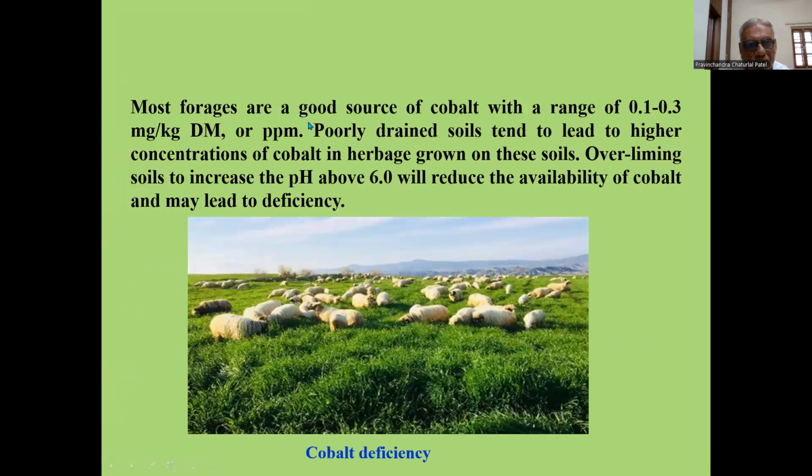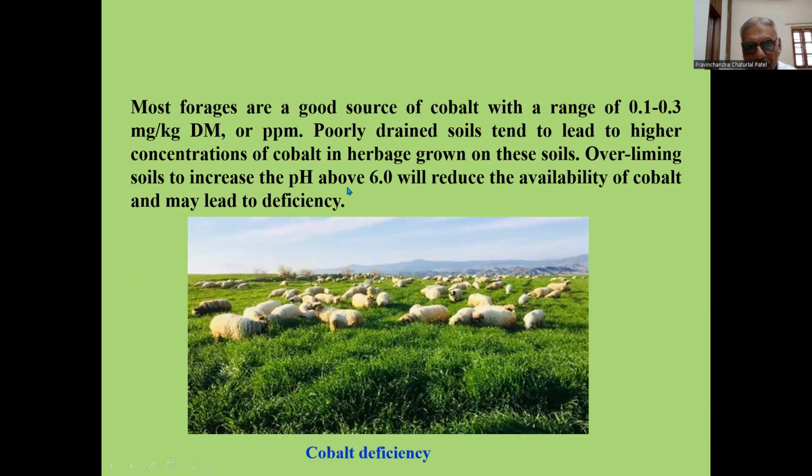Most forages are a good source of cobalt, with a range of 0.1 to 0.3 ppm, or milligram per kg. Poorly drained soil tends to lead to higher concentration of cobalt in herbage grown on this soil.